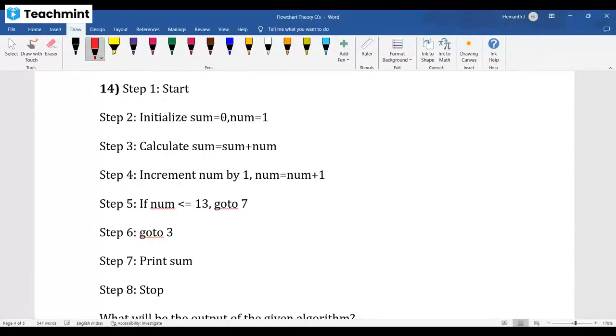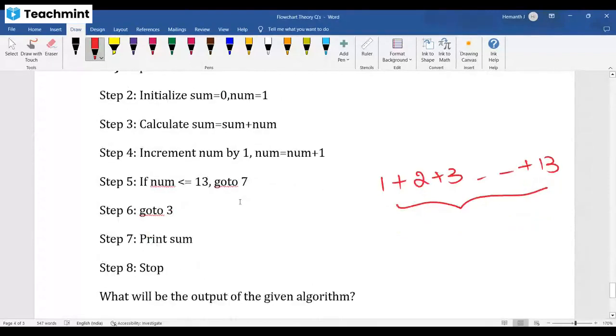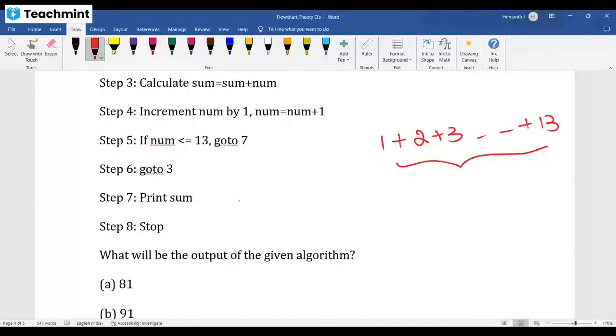So we are taking natural numbers up to 13, from 1, 2, 3 up to 13, and doing the summation. They can ask in pseudocode questions what the purpose of this program is. It is taking the sum of natural numbers up to 13: 13 into 14 divided by 2, which is 91. So the output is 91.